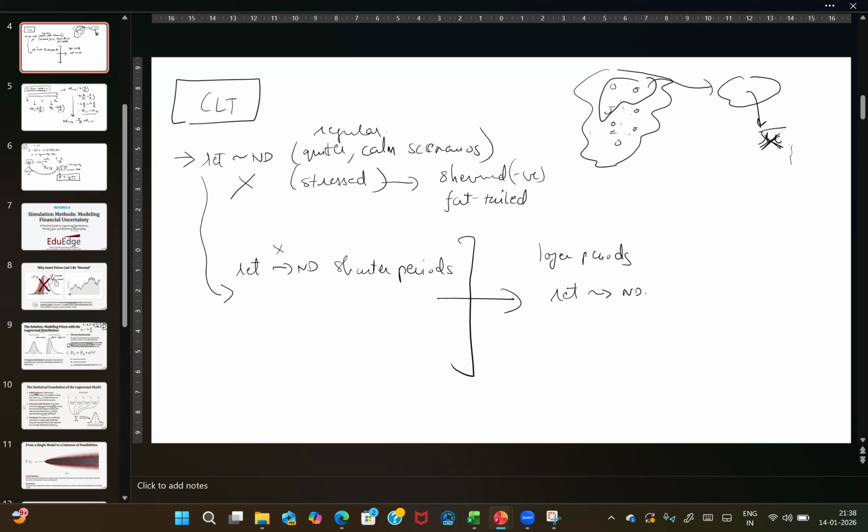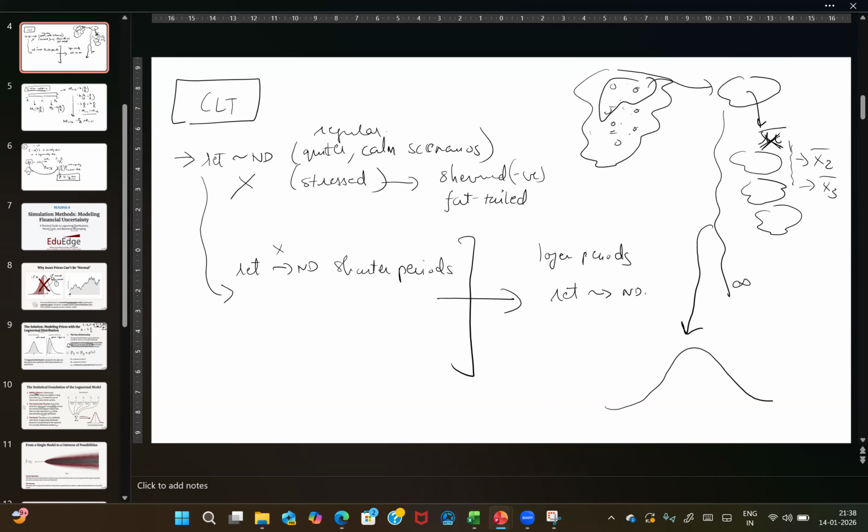And we keep redoing this exercise where we simulate a lot of different samples, and at the end of each exercise, we just note the sample mean of each selected sample. If we keep doing this infinitely, the PDF or probability distribution function of this sample mean tends to a normal distribution.